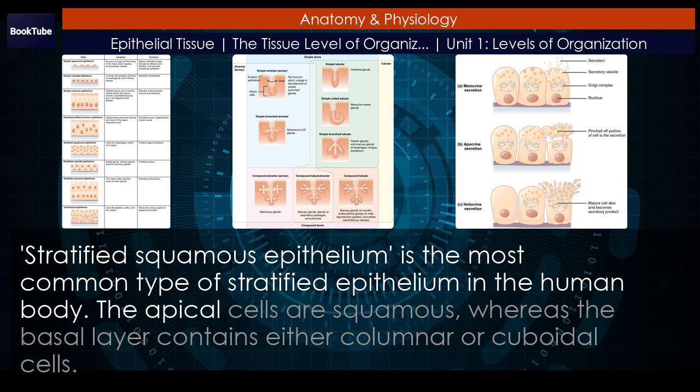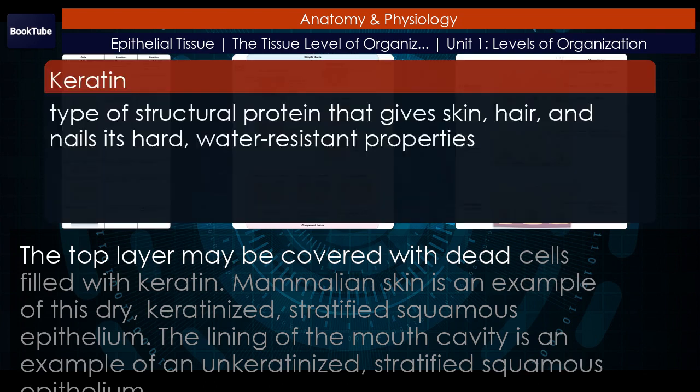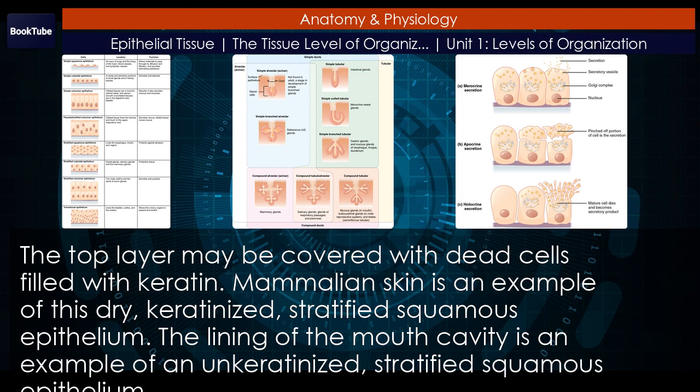The apical cells are squamous, whereas the basal layer contains either columnar or cuboidal cells. The top layer may be covered with dead cells filled with keratin. Mammalian skin is an example of this dry, keratinized, stratified squamous epithelium. The lining of the mouth cavity is an example of an unkeratinized, stratified squamous epithelium.